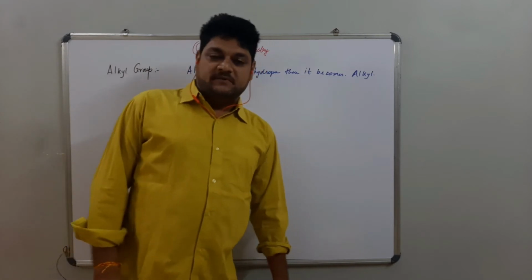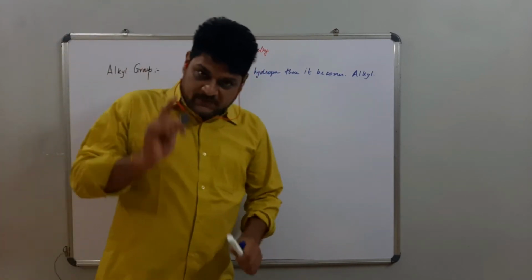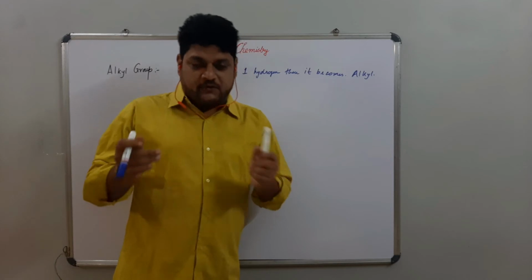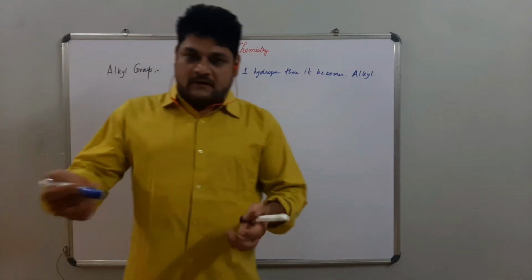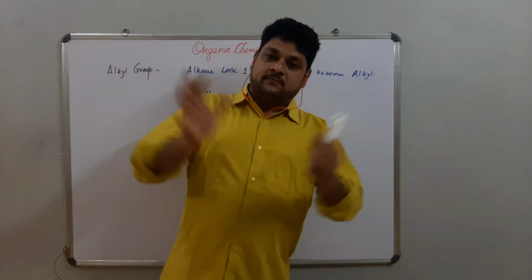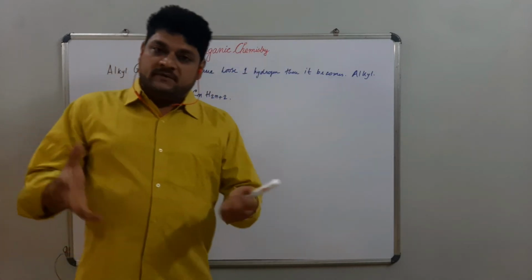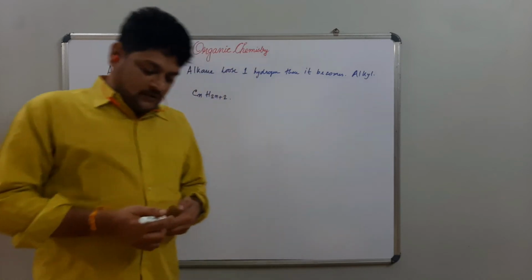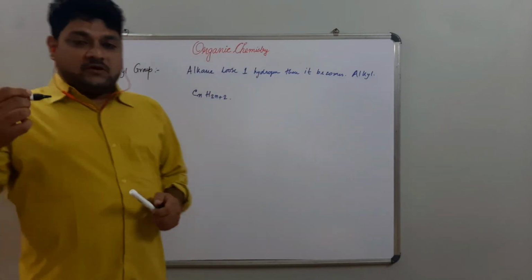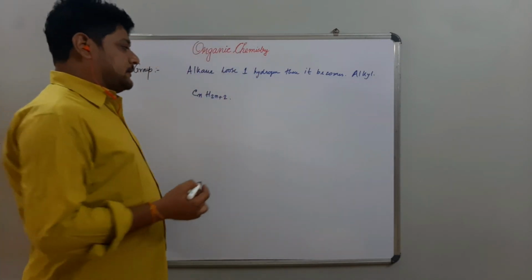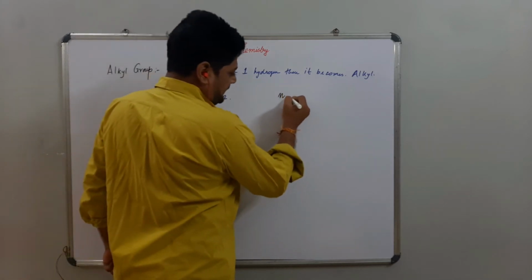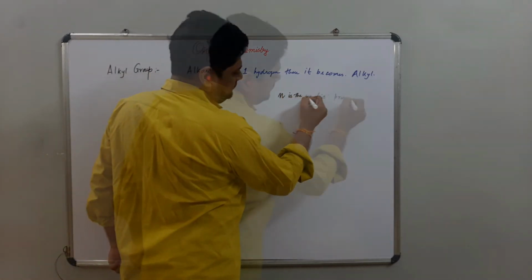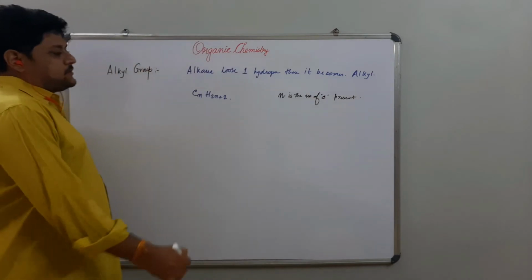What is the simplest alkane? The simplicity or complexity depends upon the number of carbons present. If the number of carbons is more, it becomes a complex alkane; if less, it is a simple alkane. N is the number of carbons present.